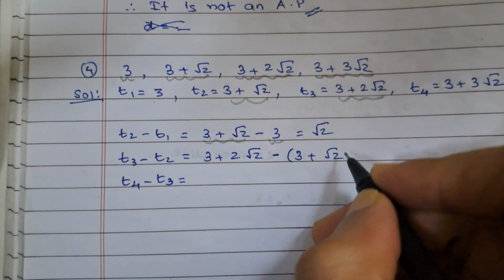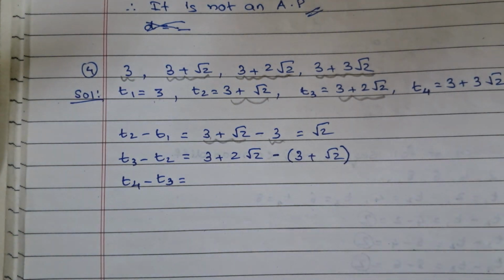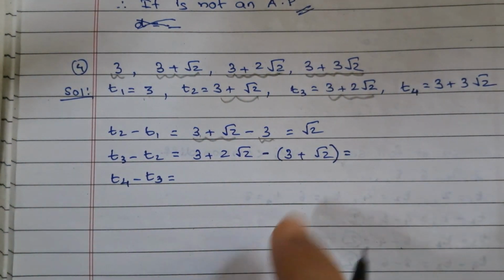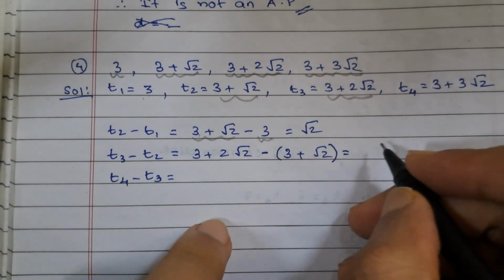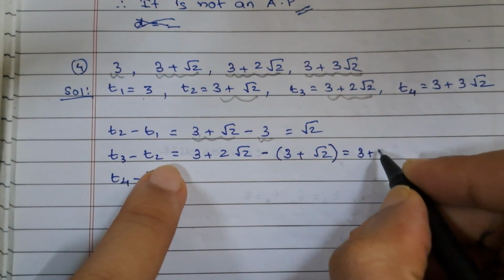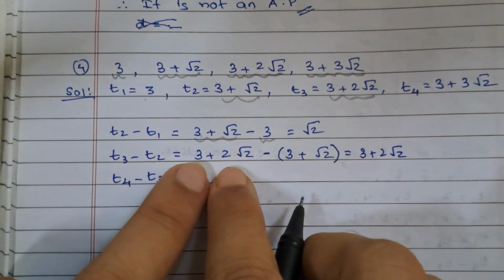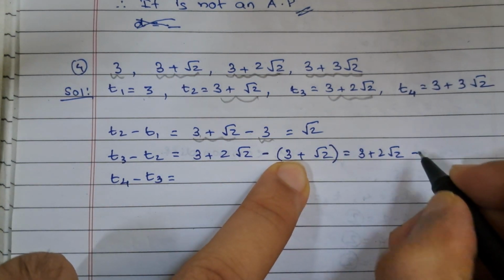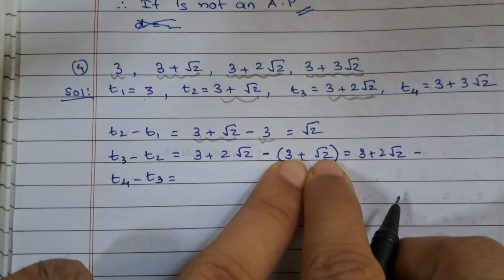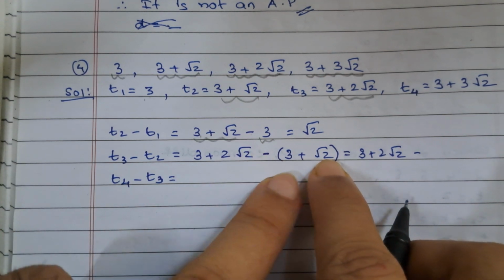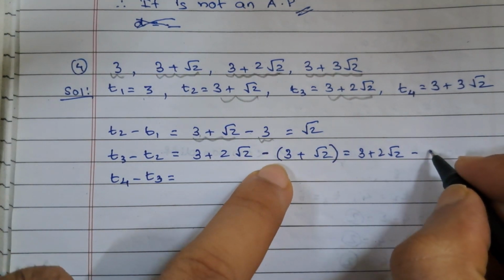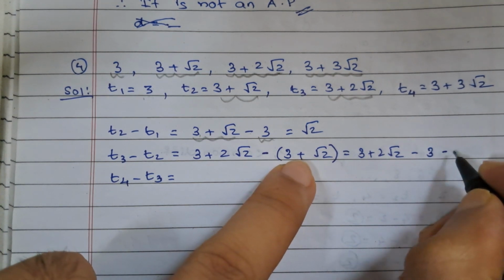So it is mandatory that you put a bracket. Okay. Why so? Because now a line will get added over here where you will be opening up the bracket. That means the terms before the bracket will remain as they are. The terms after the bracket, there will be a small difference happening over here. Because of this minus sign, this plus will become minus. So it should be something like 3 minus root 2.